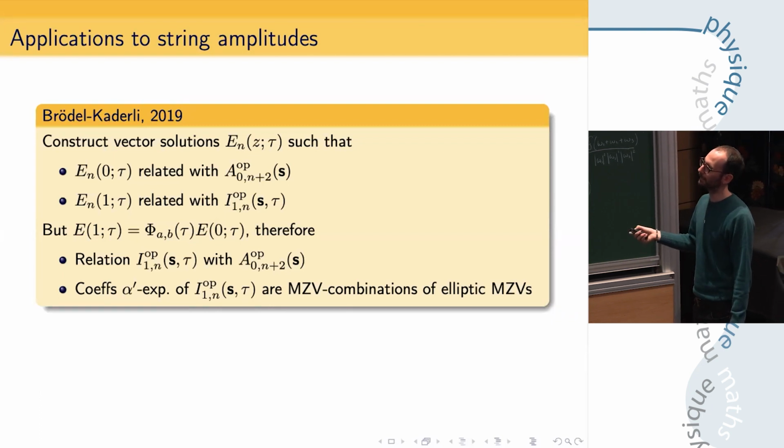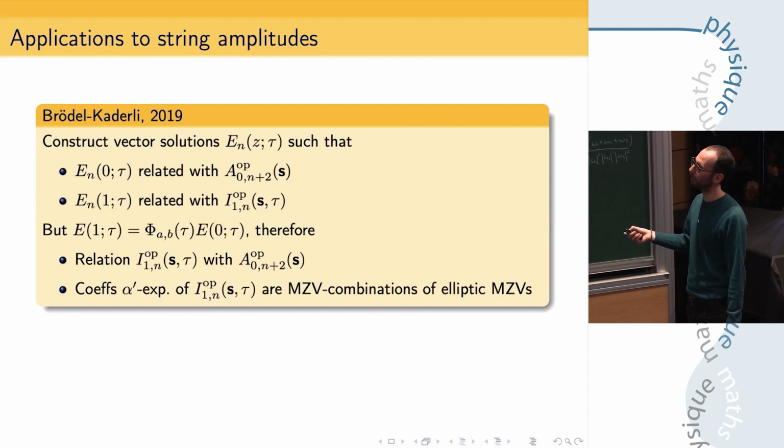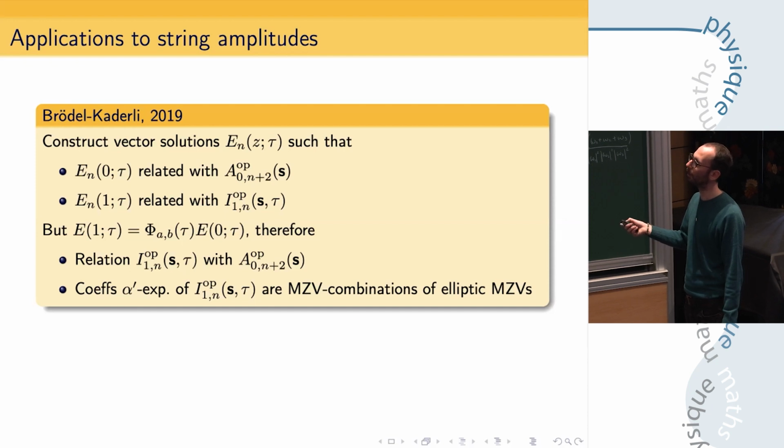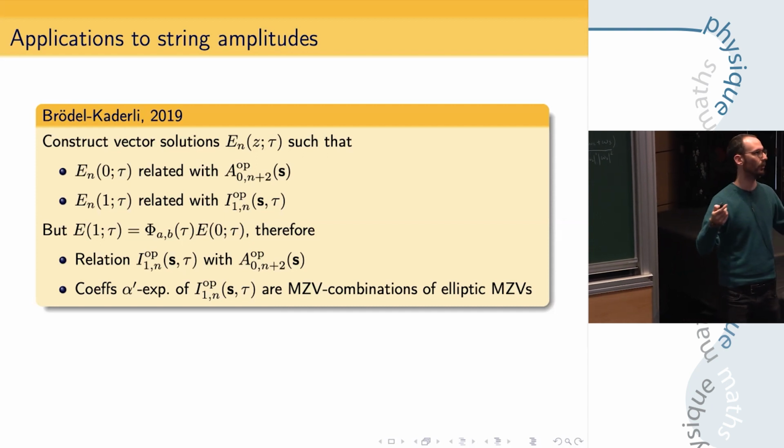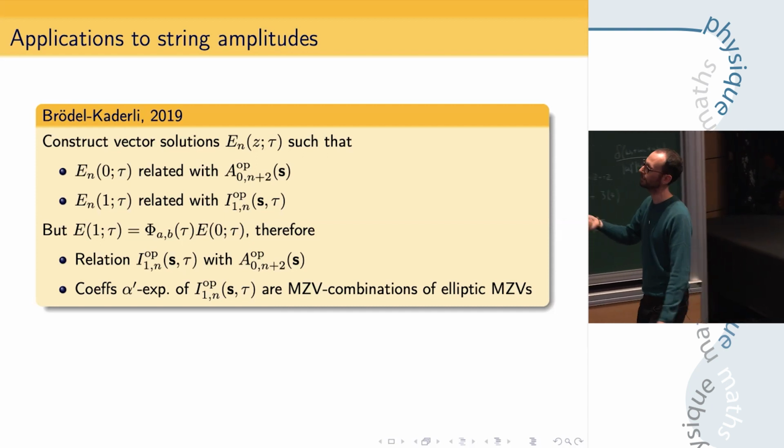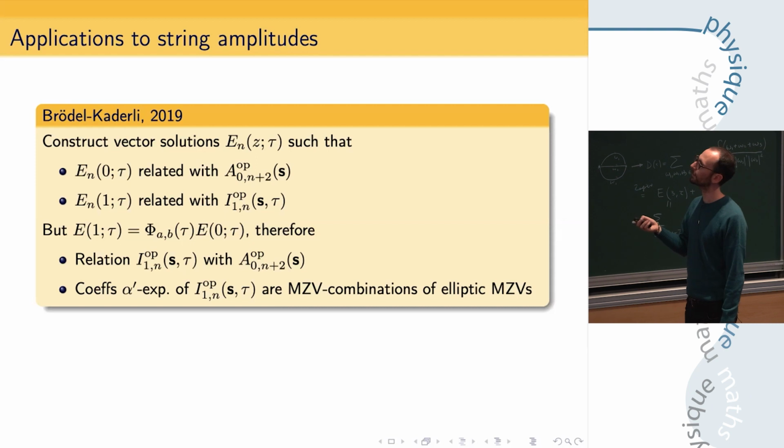And not only that, this also implies that the coefficients of the alpha prime expansion are multiple zeta value combinations, because these have coefficients that are elliptic multiple zeta values, because the associator can be expressed in terms of elliptic multiple zeta values. So this gives, if you want, a proof of this result of Mafra and collaborators.